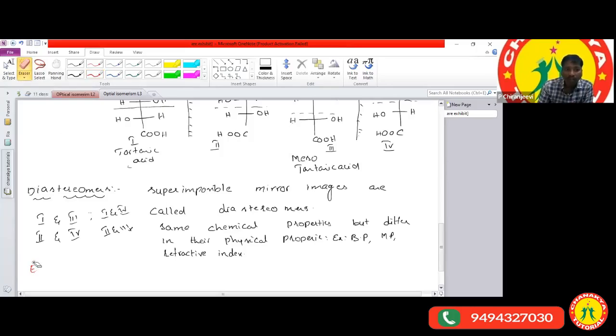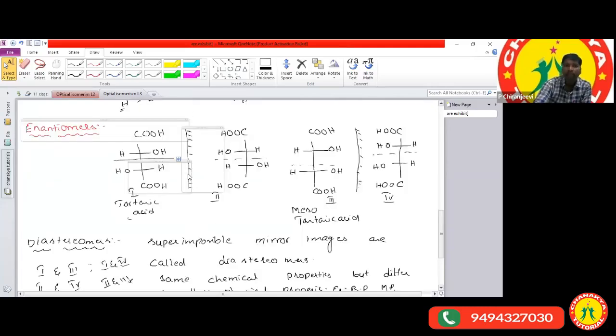Enantiomers are nothing but non-superimposable mirror images.